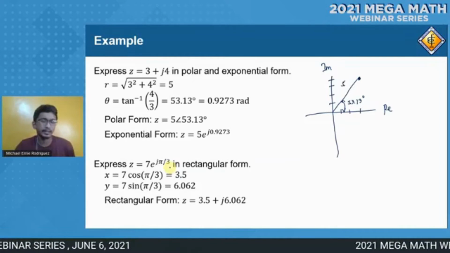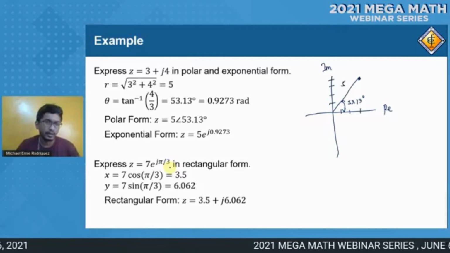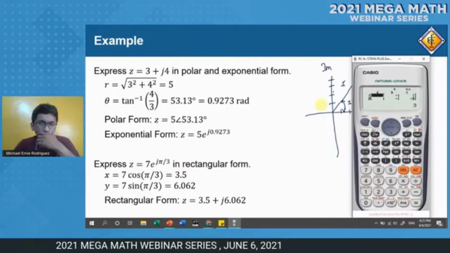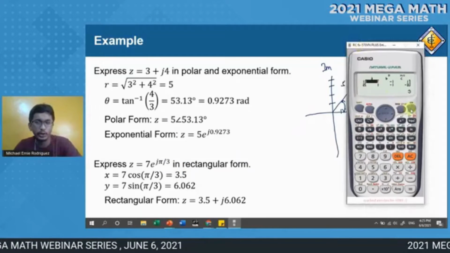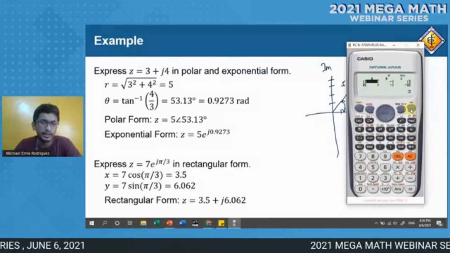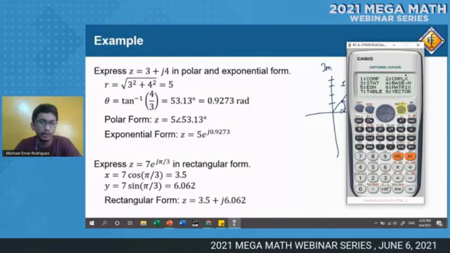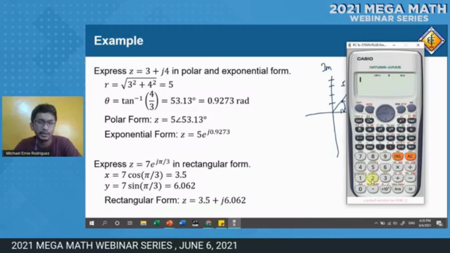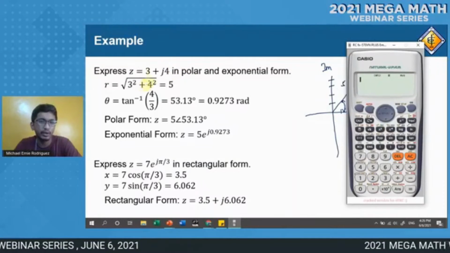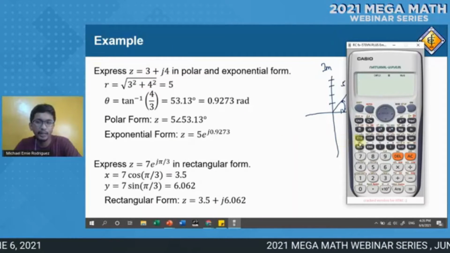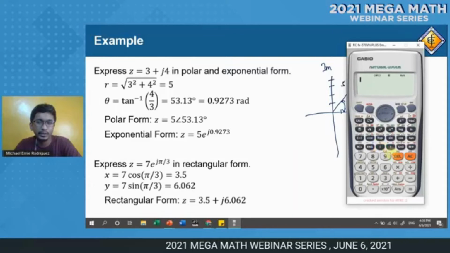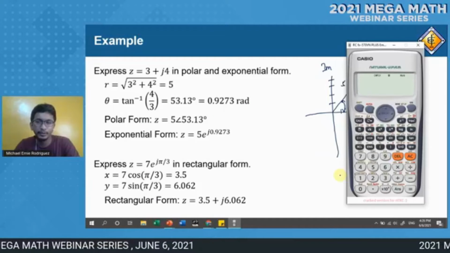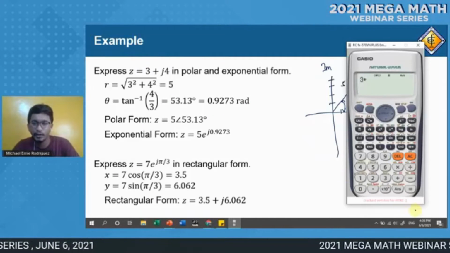So that is how we convert into the different forms of complex numbers. Let me also show how to convert using the calculator. To convert complex numbers, we use mode 2, which is complex. To convert rectangular to polar, we input the complex number 3 plus j4.